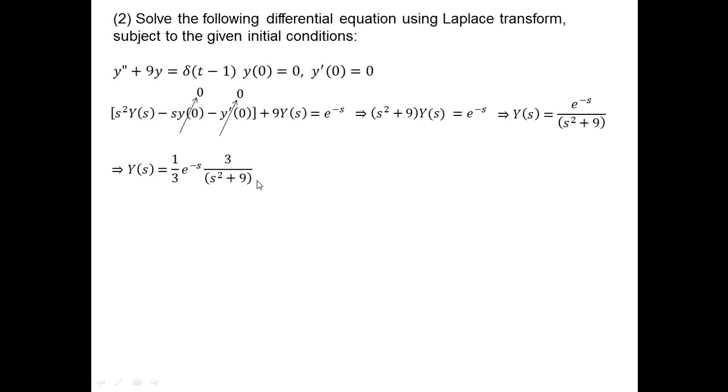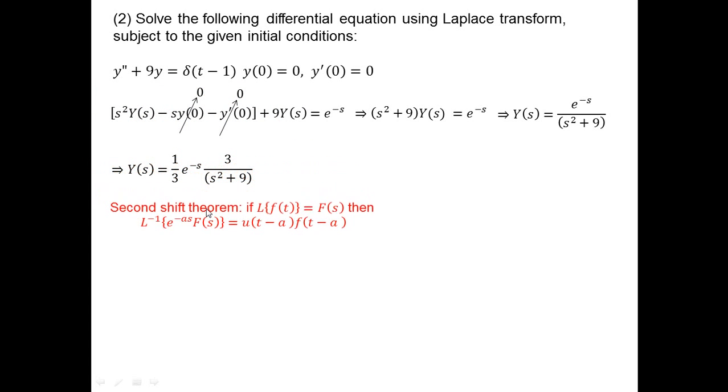So what I do is that here I have in the numerator the coefficient 1, and in order to reshape this fraction in terms of the sine Laplace transform, I just multiply the numerator by 3 and the denominator by 3, with 1 over 3 outside.